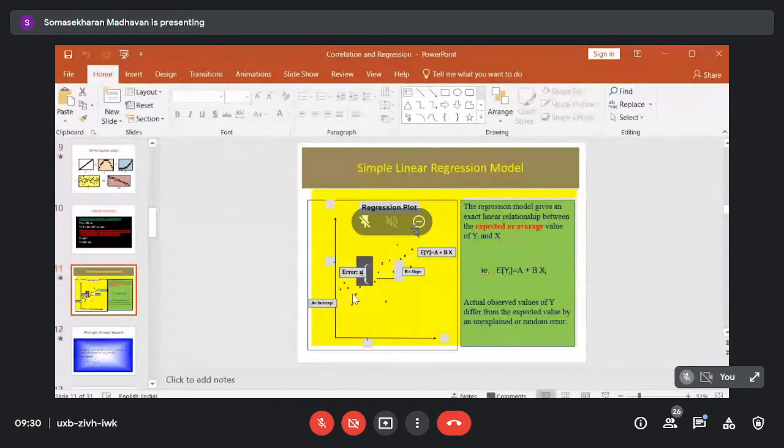If you take a simple linear regression model, this is the scatter plot observed. And what is the principle of this linear regression model, let us see.